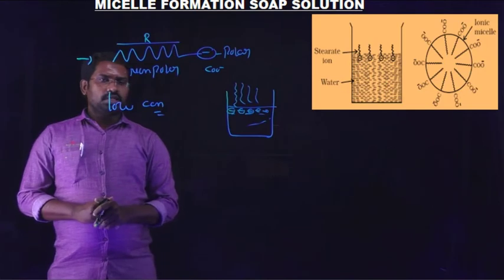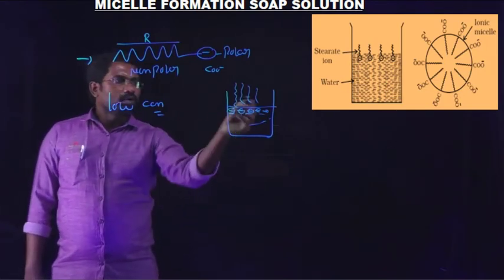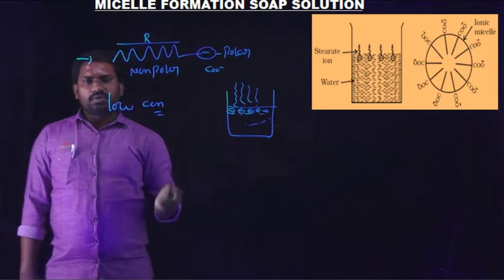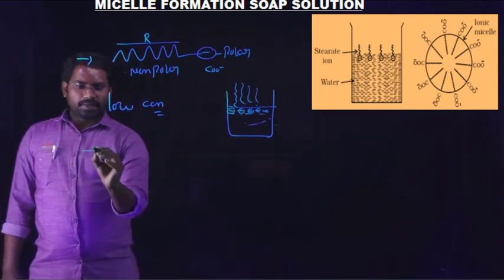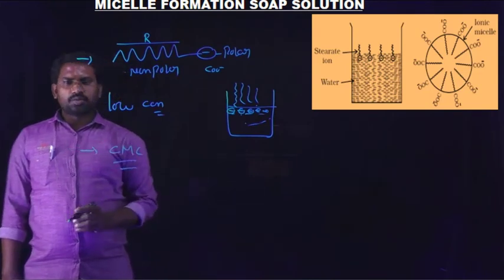So due to this reason, the polar group is present inside of the water and the hydrocarbon chain is present outside of the surface of the water. But at CMC, the critical micelle concentration, the process is going on like this.